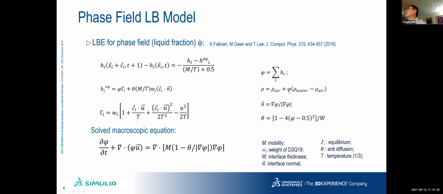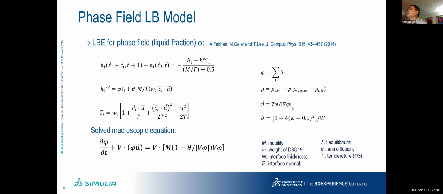When phi equals 0, the density becomes air density. When phi equals 1, the density becomes water density. And also the gradient of phi indicates the normal of the interface.